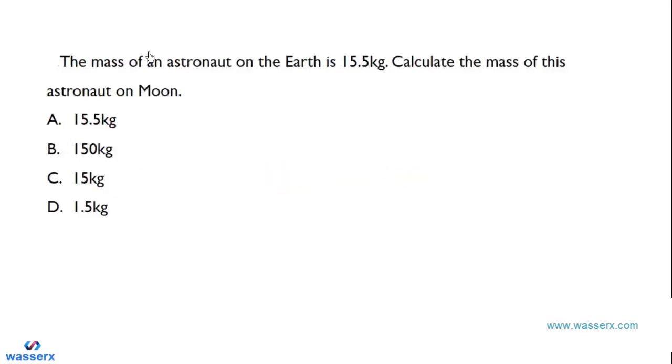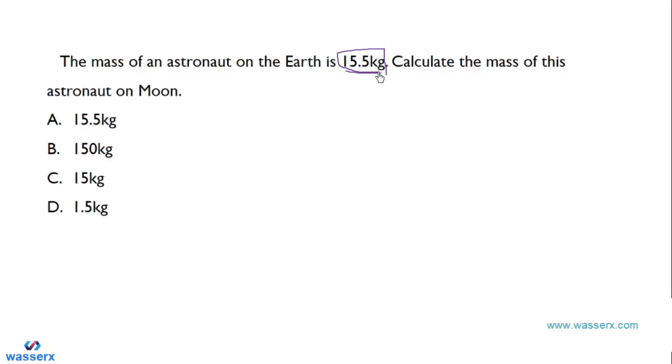So back to our question. The mass of an astronaut on the Earth is 15.5 kg. Calculate the mass of this astronaut on the Moon. So this is just the concept.